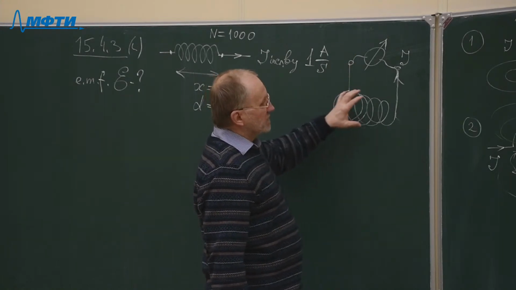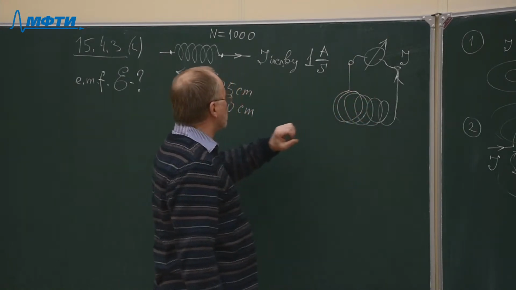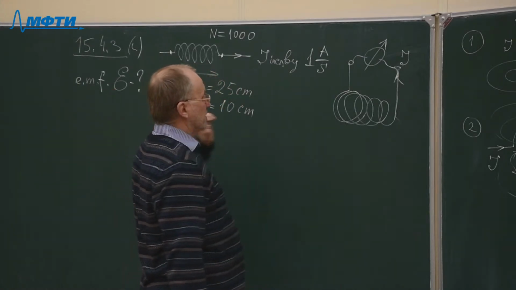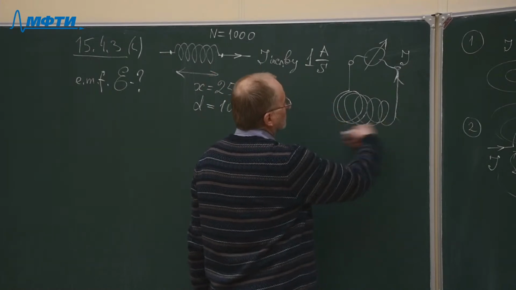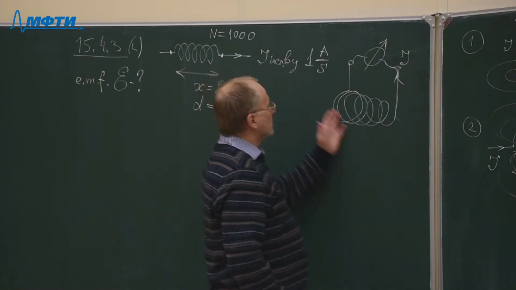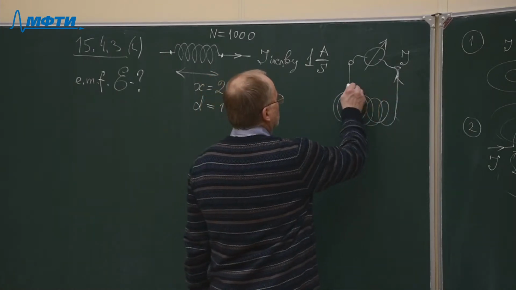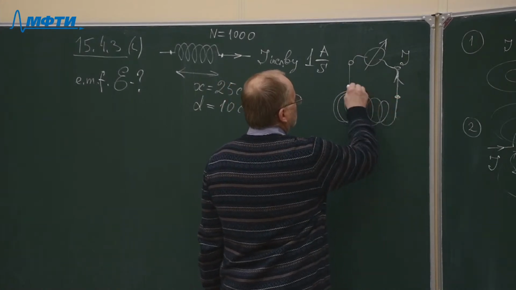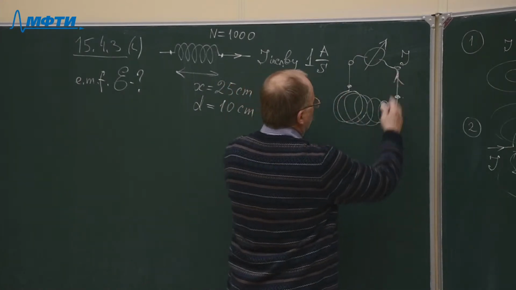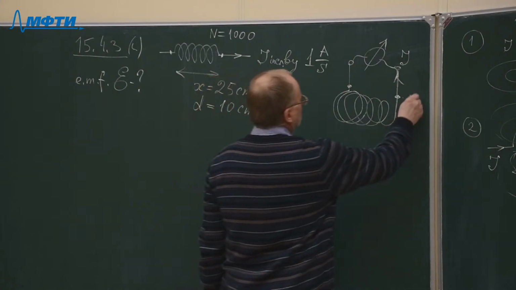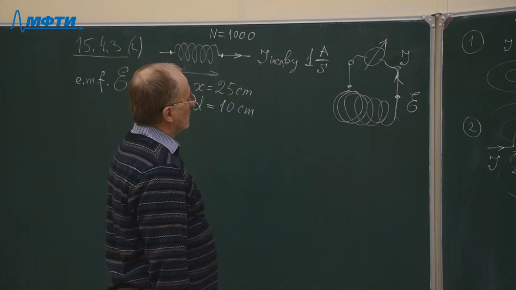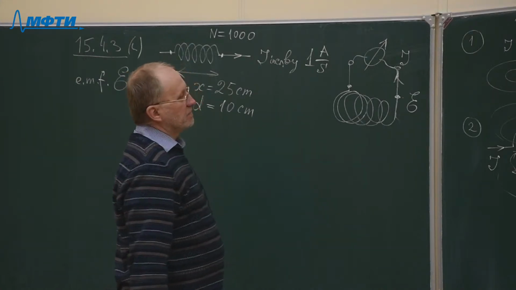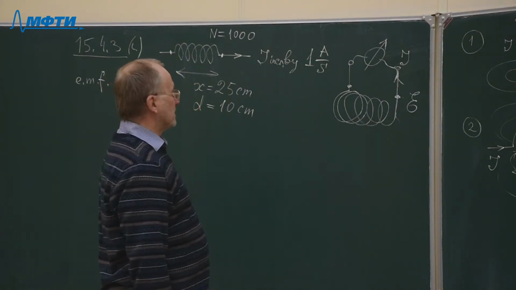So if there is some force, it is called an electromotive force. And also if there is some force which causes this current to flow, there is some potential difference which makes the current flow, and this potential difference is the electromotive force due to this effect of electromagnetic induction.